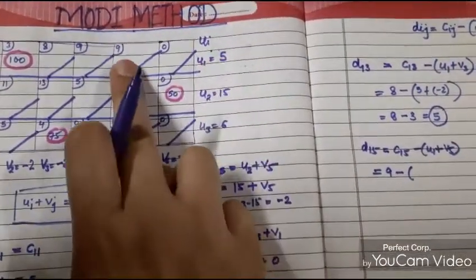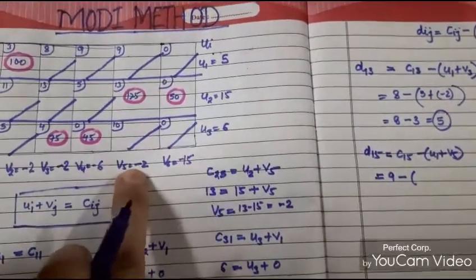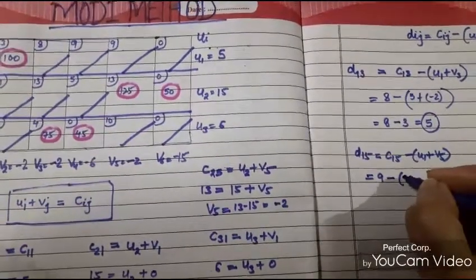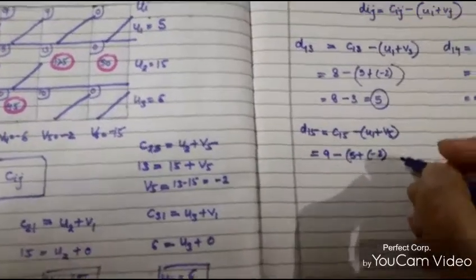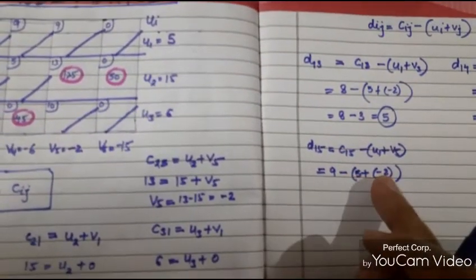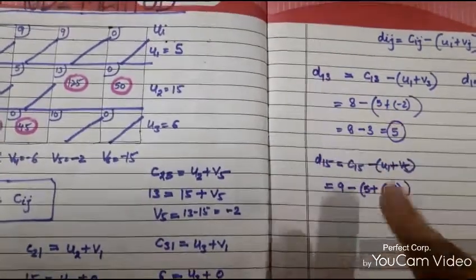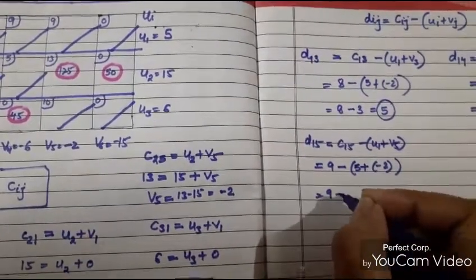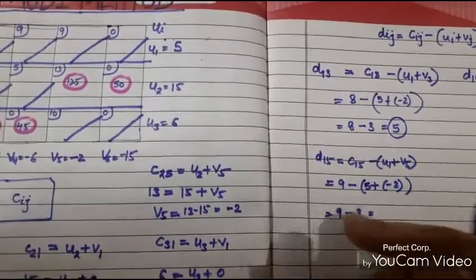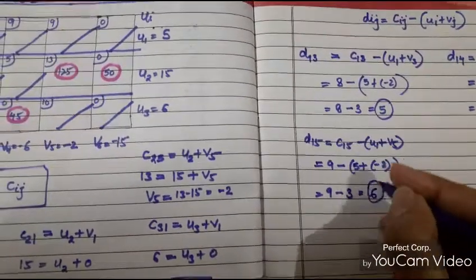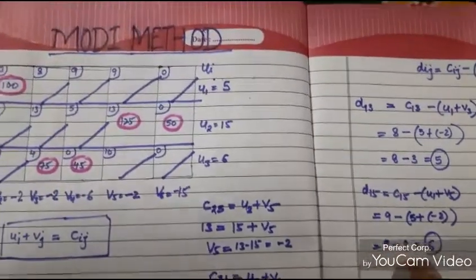Again 5, and V5 is minus 2. So 5 plus minus 2. The same situation as above. 9 minus 5 minus 2, that means 3, and 9 minus 3, 6. So we will get 6 as the Dij.